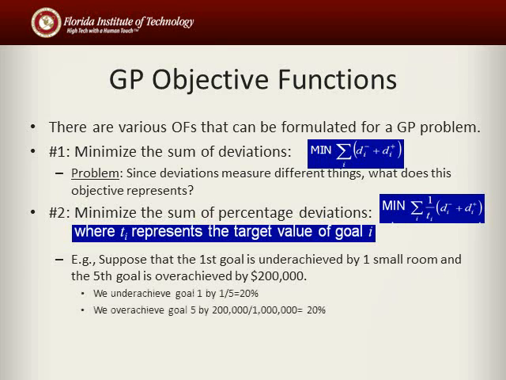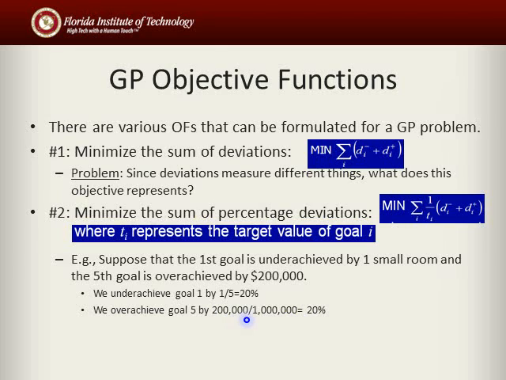So what does this mean? Well, if we talk in terms of percentage, because what we want to do is minimize the sum of percentage deviations, we underachieve goal number 1 by 20%. Our deviation is 1 over 5, which is the target value. That's 20%. For goal number 5, we deviated also 20%.